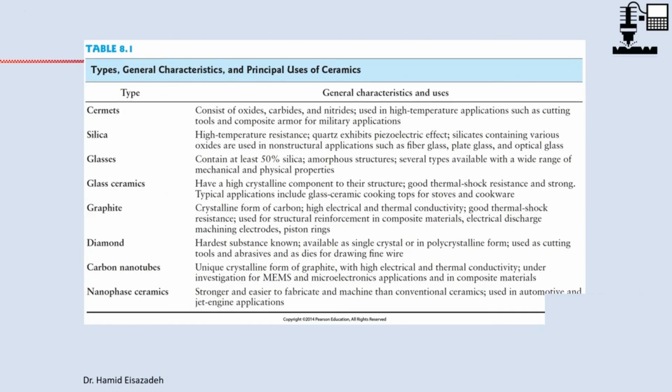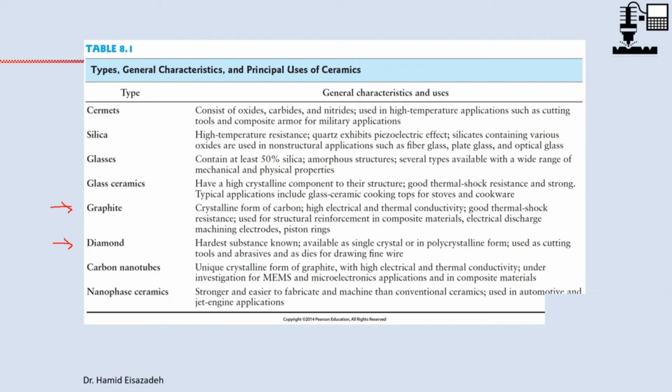There are other materials in this table. We want to pick some of them, but you can read this information later. We have graphite and diamond in the ceramic material. The diamond is the hardest substance that we know.